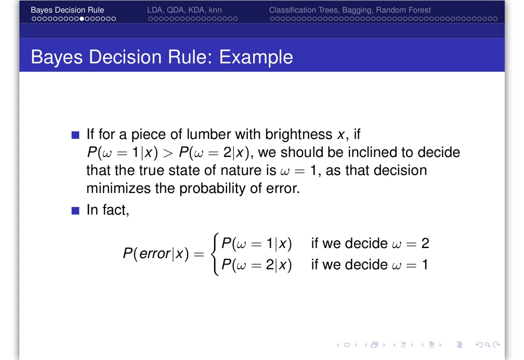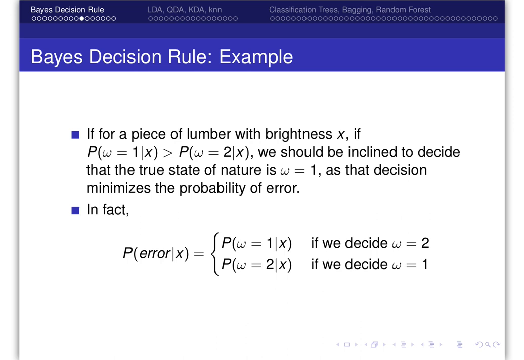For a piece of lumber with brightness reading X, if the posterior probability that omega equals 1 is greater than the posterior probability that omega equals 2, we would be inclined to decide that the true state of nature is omega 1, as that decision minimizes the probability of error.